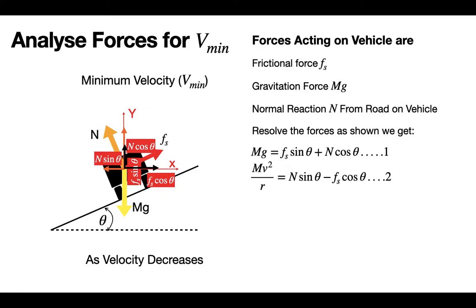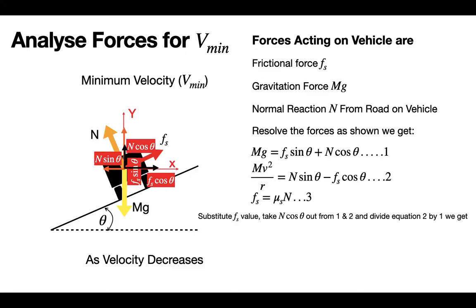So if you look along the x-axis, the forces are N sin theta and Fs cos theta, and mv square by r is toward the center, which is minus mv square by r, equal to minus N sin theta plus Fs cos theta. If you multiply by minus, you get mv square by r equal to N sin theta minus Fs cos theta. The friction force is nothing but the coefficient of friction times the normal reaction.